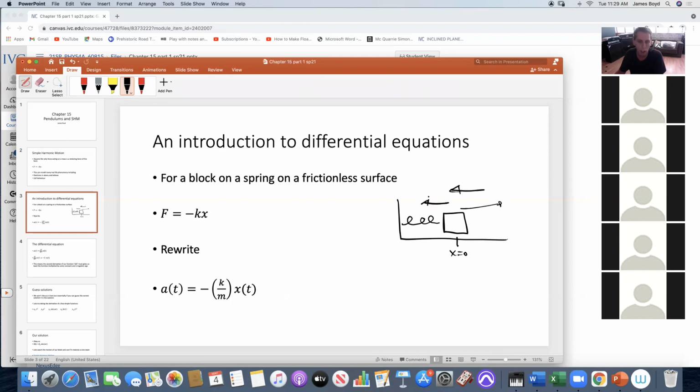If you push on it, the force tries to push it the other way back. And there's no friction there. So that's it. The block has some mass, the spring has some k spring constant, and the force is negative kx. However, if we rearrange that by dividing through by m, we get this. And this is actually a differential equation.